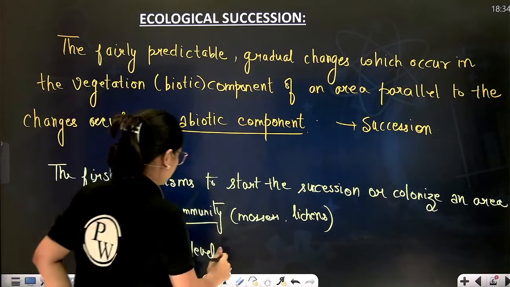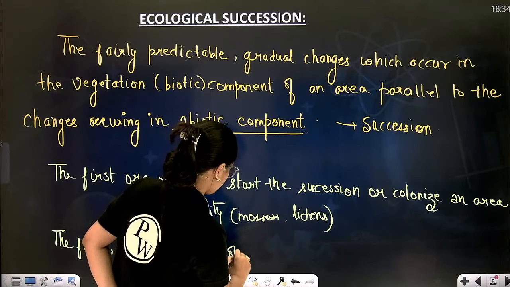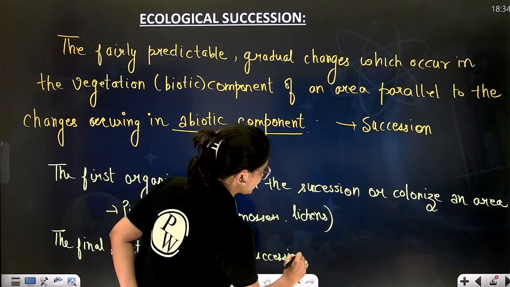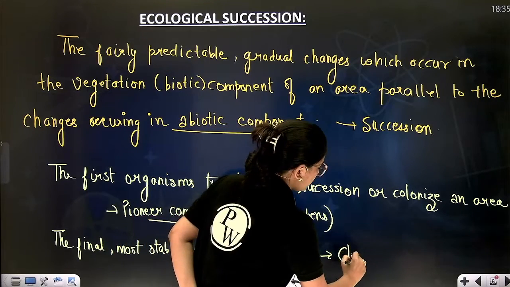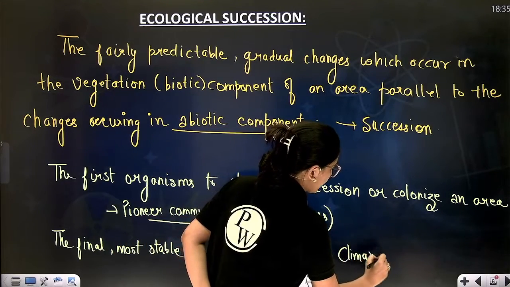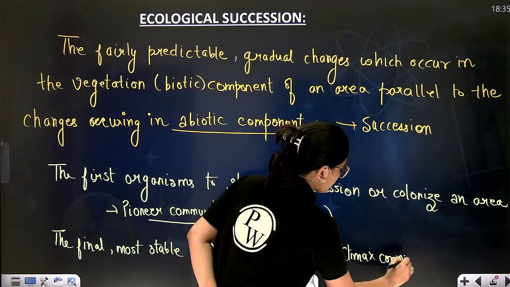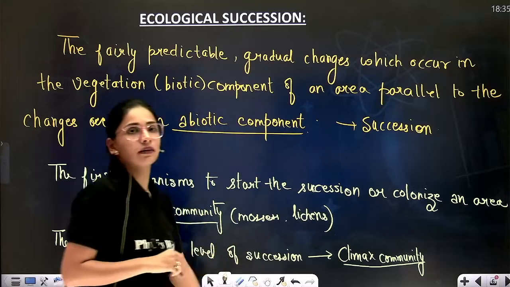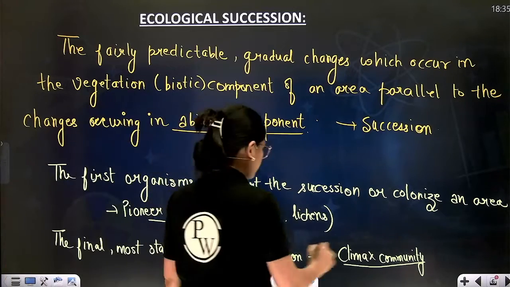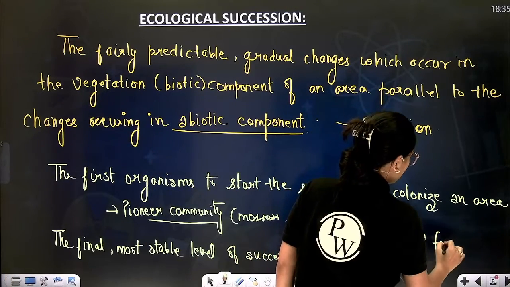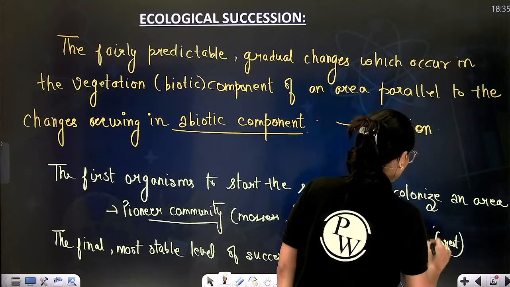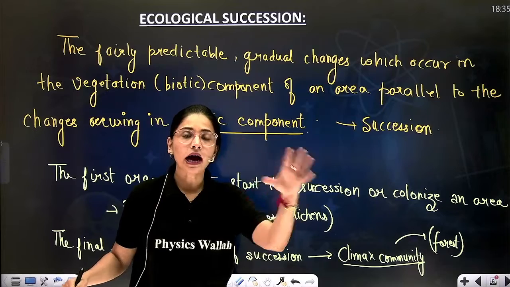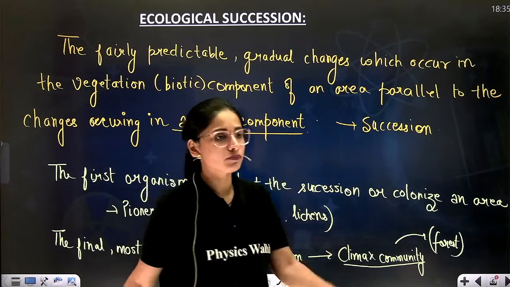The final and most stable level of succession is known as climax community, which is usually jungle. So it is always jungle. Now between pioneer and climax, all are called as transitional communities.